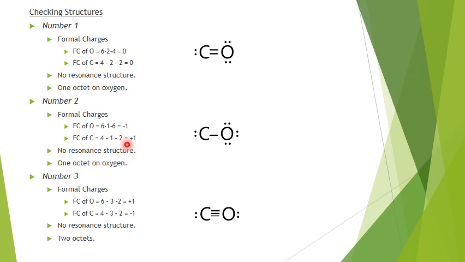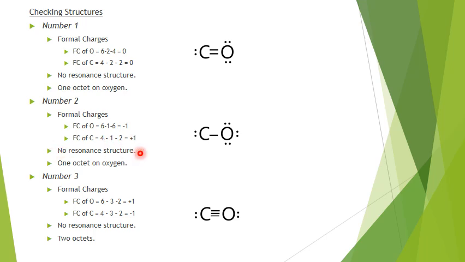Number 2. Okay, formal charge on the oxygen is -1, so it's 6 minus 1, 2, 3, 4, 5, 6, 7, so -1. The formal charge on the carbon is 4 valence electrons, -1, -2, +1. So this has 2 formal charges, -1 and +1.